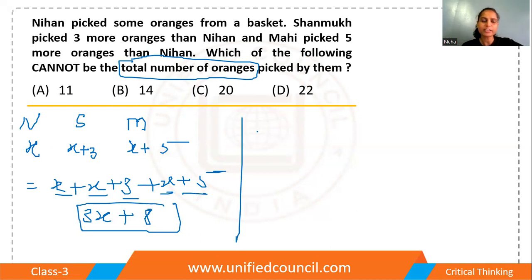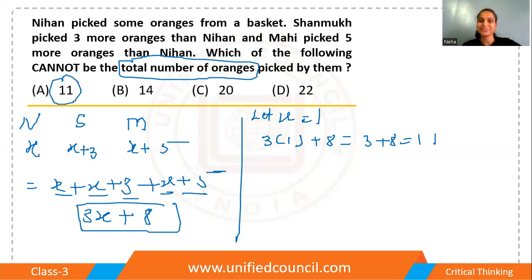Let's suppose X is equal to 1. Then it becomes 3 into 1 plus 8, so 3 plus 8 is 11. Yes, this can be the answer. Now let X be equal to 2. It becomes 3 into 2 plus 8. 3 into 2 is 6, and 6 plus 8 is 14.